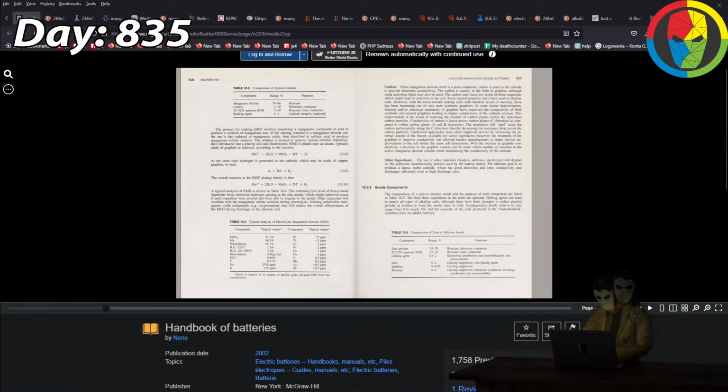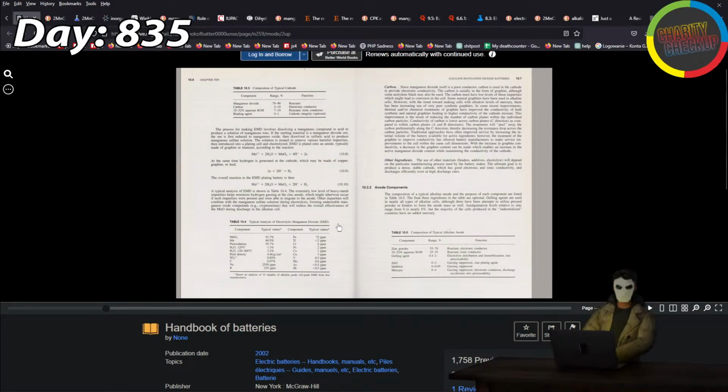Okay, good. This one, yeah. Conductive carbons in the cathode provide electron conductivity. Carbons usually from graphite, although so yeah. Okay, neat.